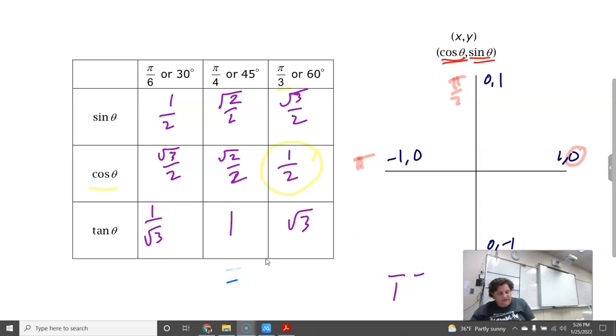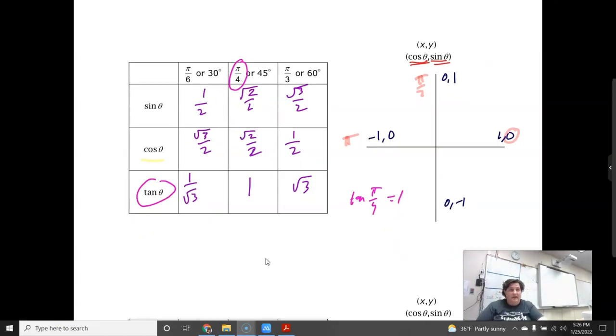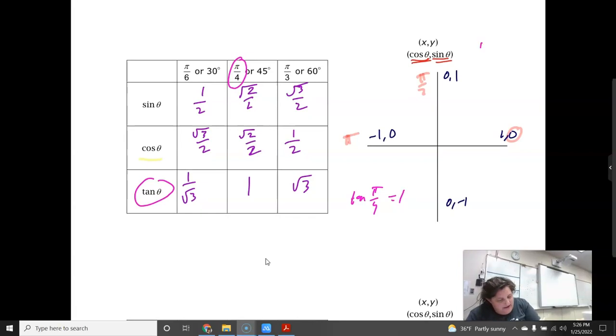Okay, so there are two things that I needed to find here. I needed to find tangent of pi over 4. Pi over 4, tangent is 1. The other thing that I needed to find is tangent of 0. This is angle 0, so I'm looking here. Now, on this chart though, you guys, it only gives you cosine and sine values.